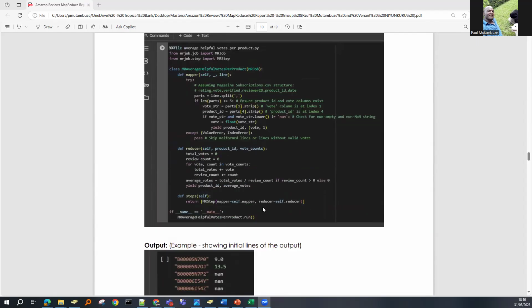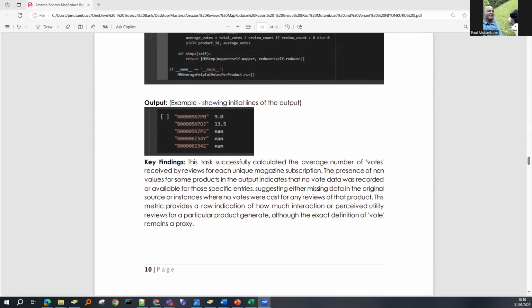This is the snippet that we used, and we were able to generate this output.